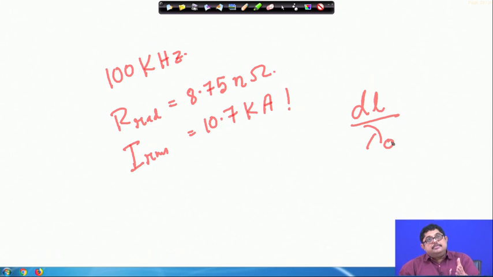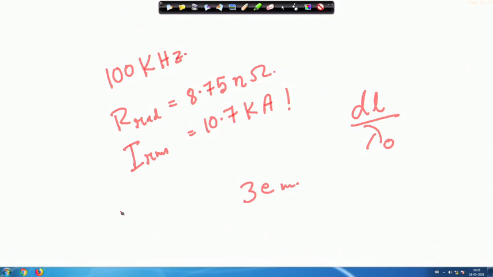So, if I operate the same current element at 1 gigahertz, it will be efficient, but then it will not be a current element. Remember, suppose I operate it at 10 gigahertz, 10 gigahertz means 3 centimeter wavelength. The current element's dl itself is 1 centimeter. So, the size of the current element is lambda naught by 3, which we cannot call a current element.